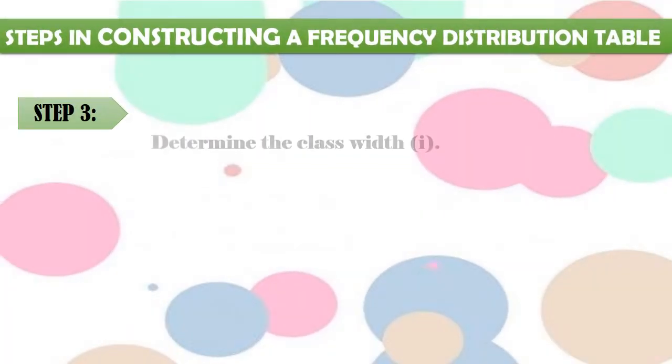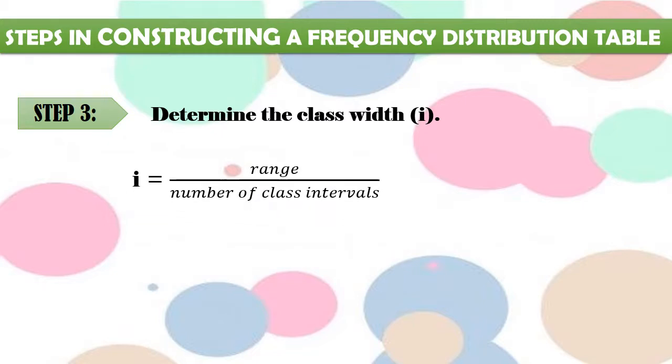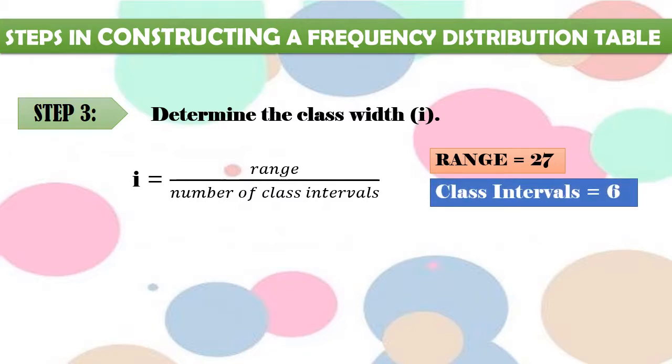Step 3. Determine the class width or the I. In obtaining the class width, we divide the range by the number of class intervals. We know that the range is equal to 27 and the number of class intervals is equal to 6. So I is equal to 4.5.